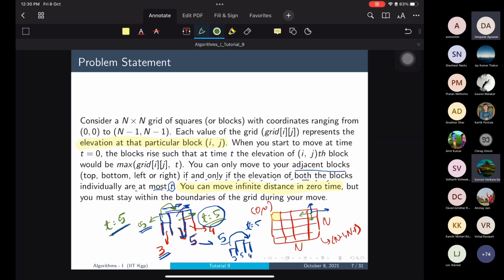No, not directly. Step by step, you will go from 3 to 5, then from 5 you will go to 4. But this whole process can happen at t equals 5, because you can move infinite distance in 0 time.